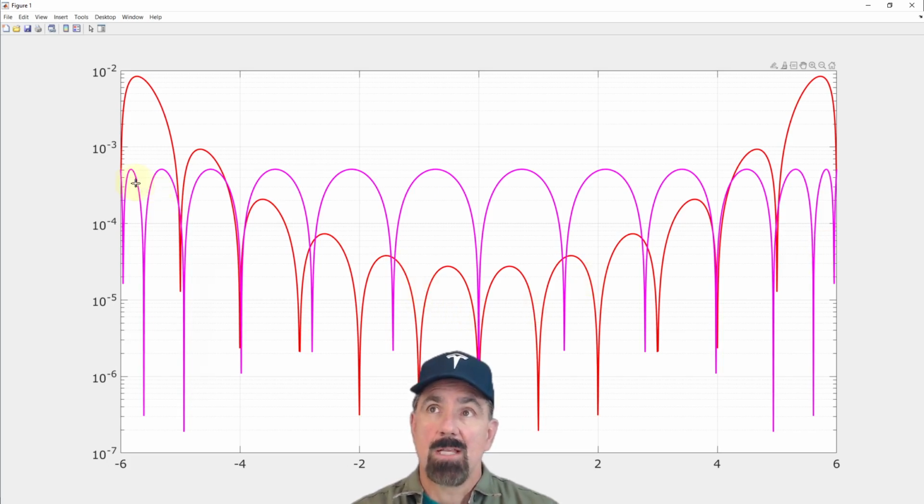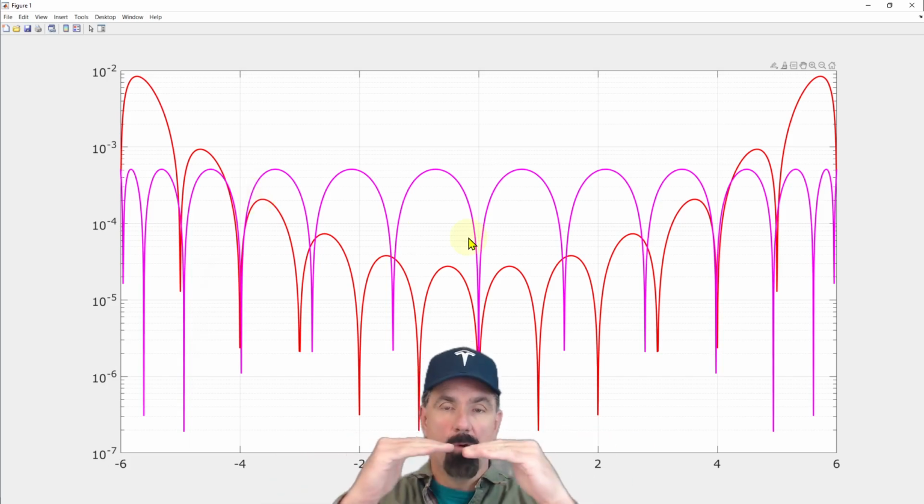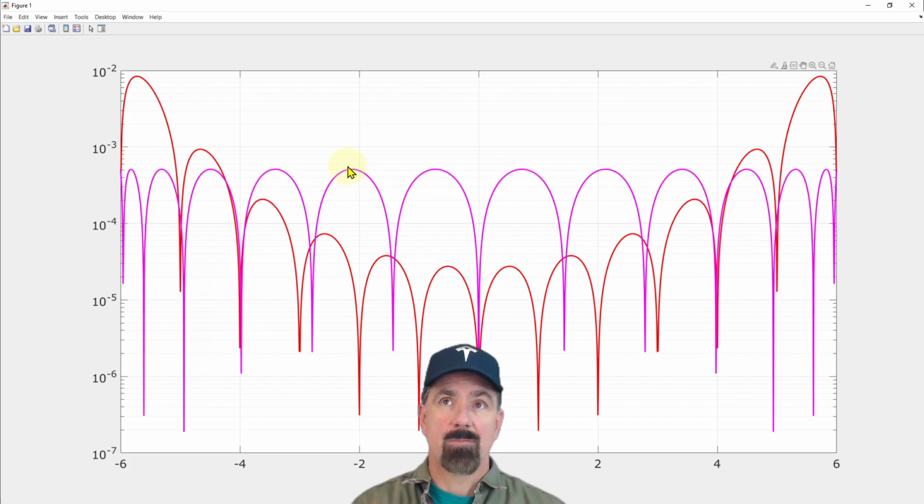And what you notice is the error is equal all the way across the interval. So it's worse in the middle than equally spaced points, but it's better at the end points, and overall it's much better because the error is uniform across the interval. And by uniform, I mean the maximums.